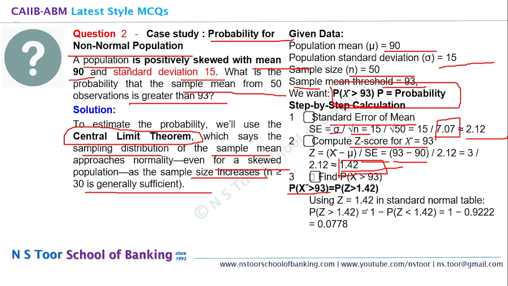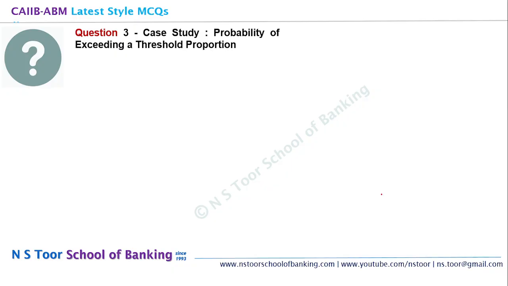So using z is equal to 1.42 in the standard normal table, P(z greater than 1.42) is equal to 1 minus P(z less than 1.42), which is 1 minus 0.9222. So what is the correct answer? 0.0778 will be the correct answer for this question.